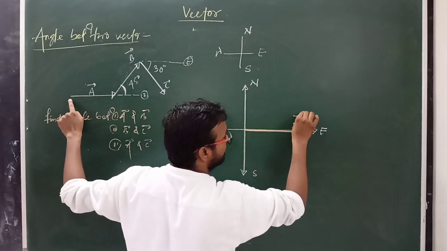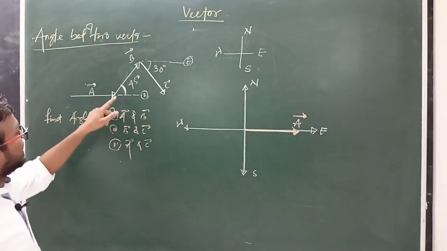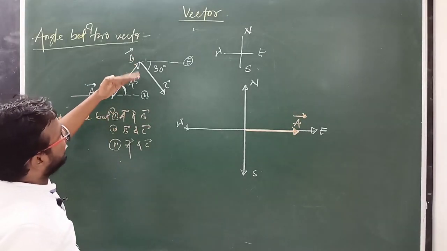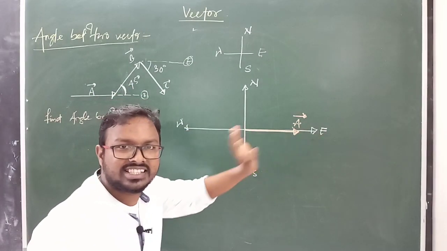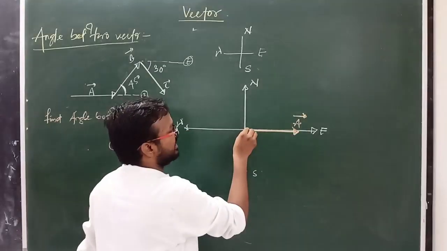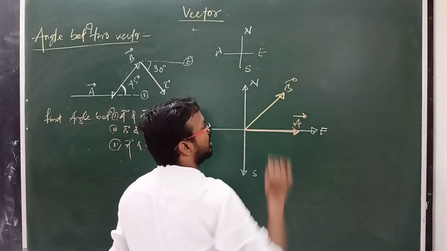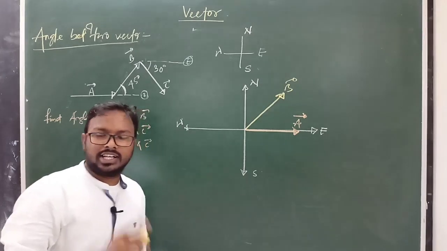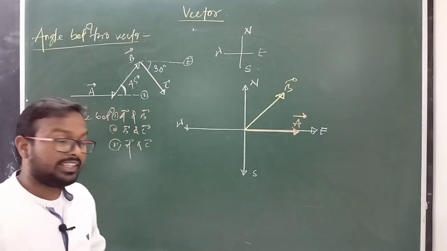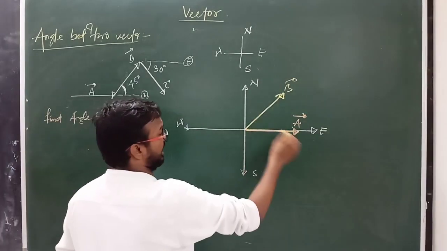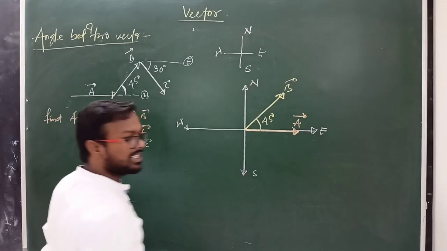Then the second one, another vector B vector, is directed at a 45 degree angle with east or this axis, which means this is the direction of B vector. Why? Because if you want to find the angle between two vectors, first you have to join their tail to tail. Then you can measure the angle between A vector and B vector, and this angle is now 45 degrees.